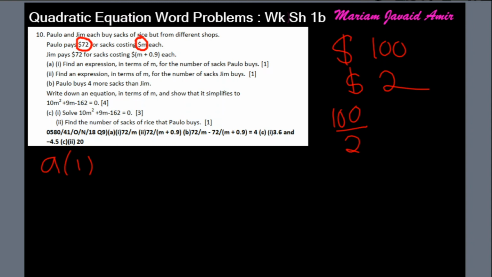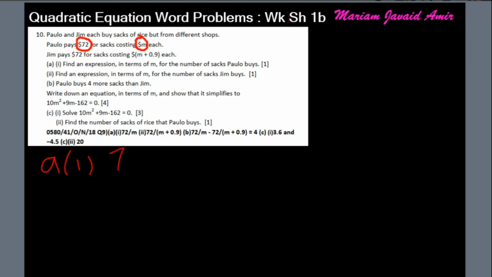All the things are the same and they cost the same. So you probably bought 100 quantities of things. So keeping this logic in mind, find an expression in terms of M for the number of sacks Paulo buys. So that would be 72 over M. For part 2, find an expression in terms of M for the number of sacks Jim buys. That would be 72 over M plus 0.9.